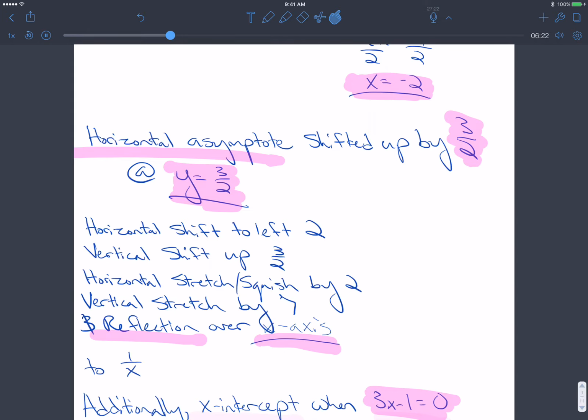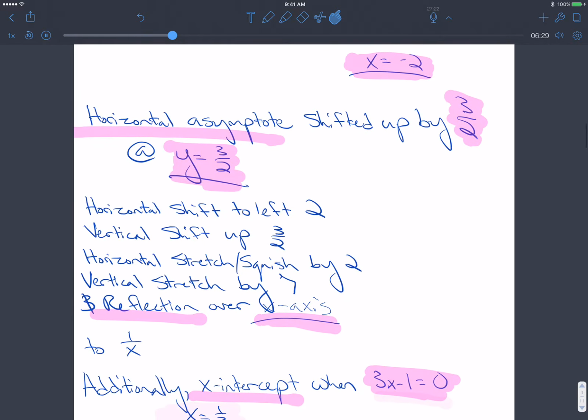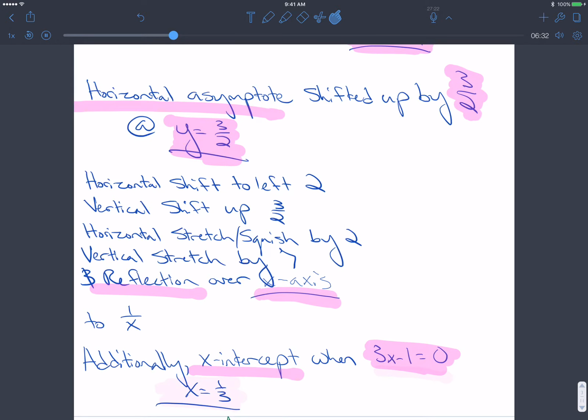When 3x minus 1 equals 0, we will get an x-intercept. Because if the numerator is 0, we have 0 divided by something, and that just gets us 0, which means we have an x-intercept. So if you solve for when 3x minus 1 equals 0, you will find that there is an x-intercept at x equals 1/3. That's another piece of information that we can use when we're graphing this.